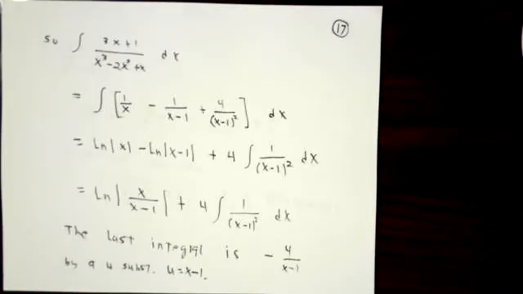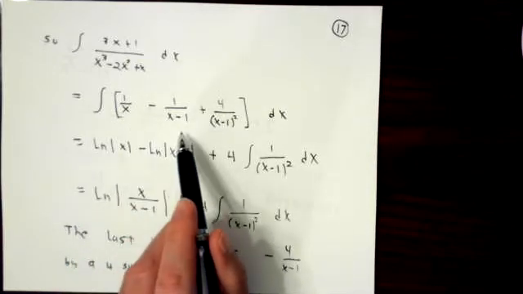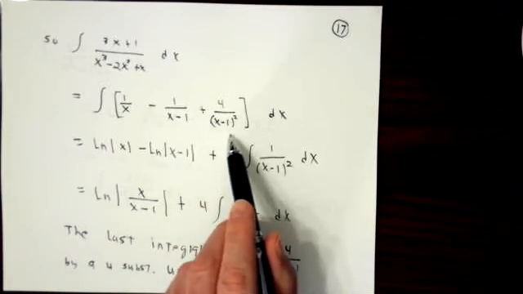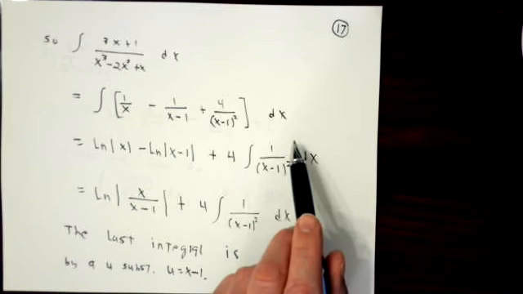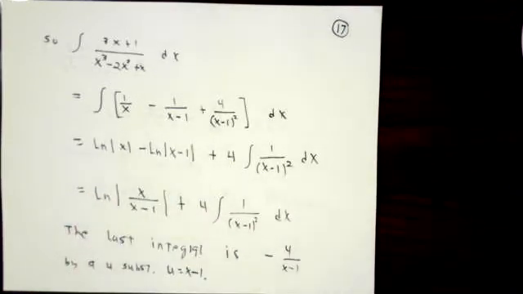So the integral that I want to do is actually the integral of 1 over x, minus 1 over x − 1, plus 4 over (x − 1) squared, with respect to x. These first two are the nice kind, the ones that I can just look at and tell you what the antiderivative is.